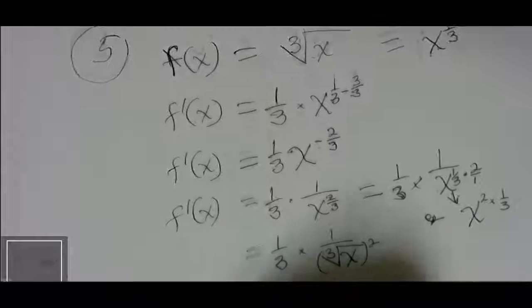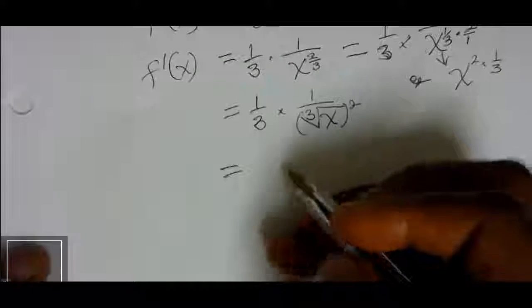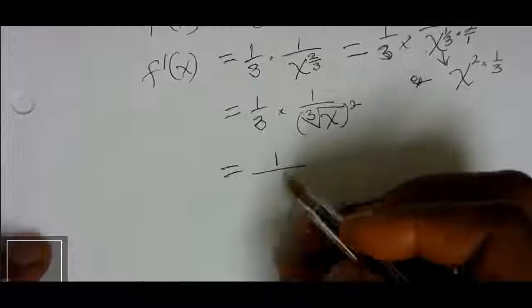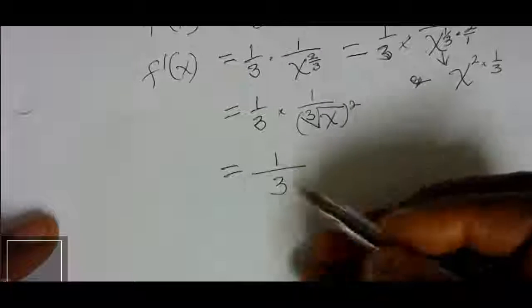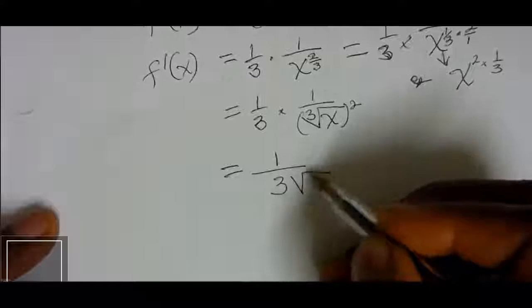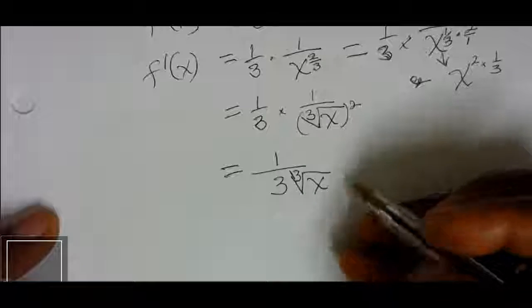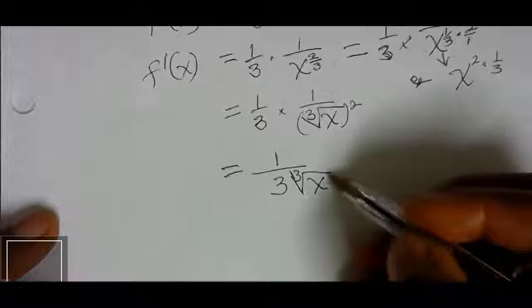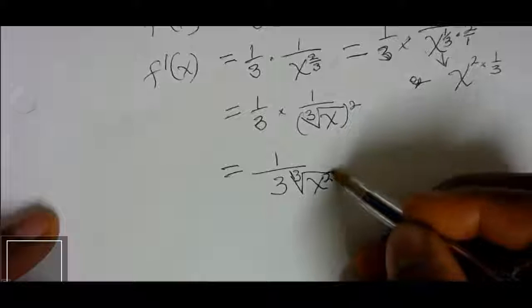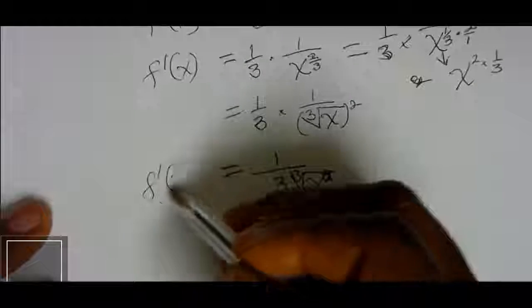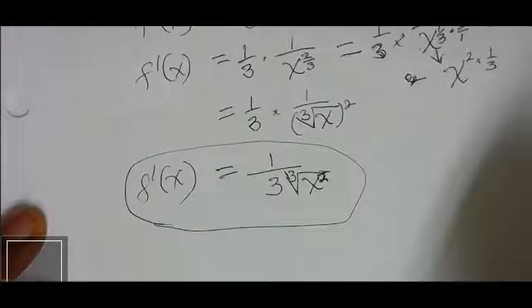So it's going to end up being 1 over 3 times the cube root of x squared. So we can do that.